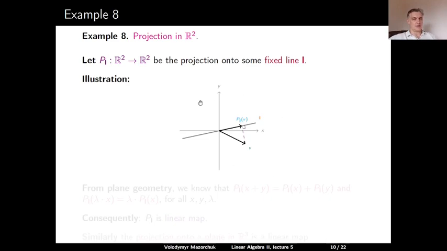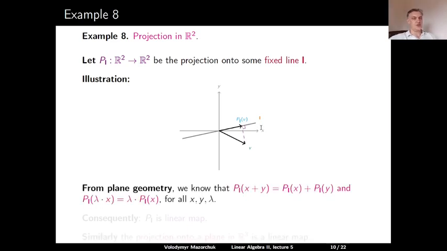We have our vector space R2, we have the line L, and we take the vector V, we take the endpoint of this vector, draw the line which is orthogonal to L, and now we get the vector PL of V inside this line. So this is the projection of the vector V onto L. Also, one can say that this is the orthogonal projection of V onto L.